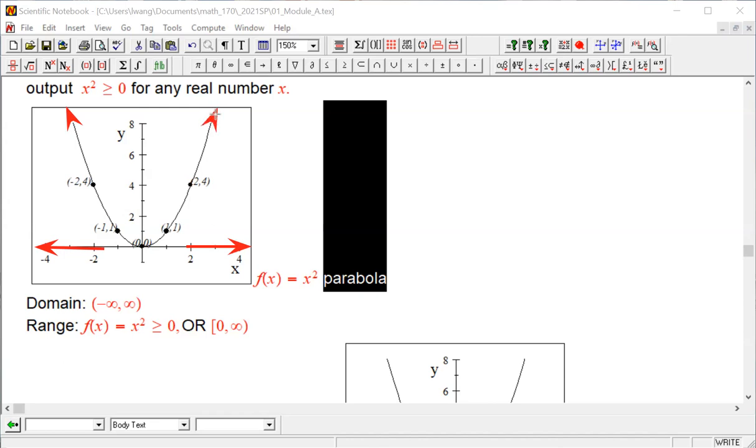The curve keeps going up. So this is the curve. And this curve reflects that the input is any real number, the output is all non-negative numbers, so greater than or equal to 0.